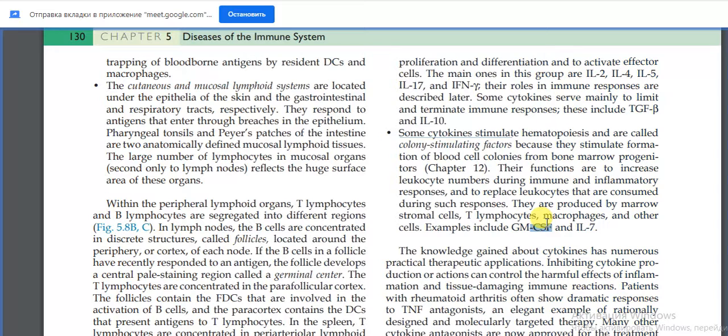First of all, interleukin 1 and TNF, when present in the bone marrow, stimulate this formation. And for example, interleukin 7 promotes the synthesis of T lymphocytes.